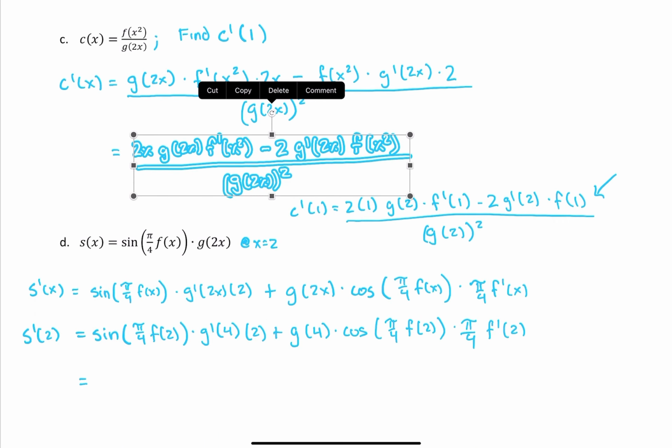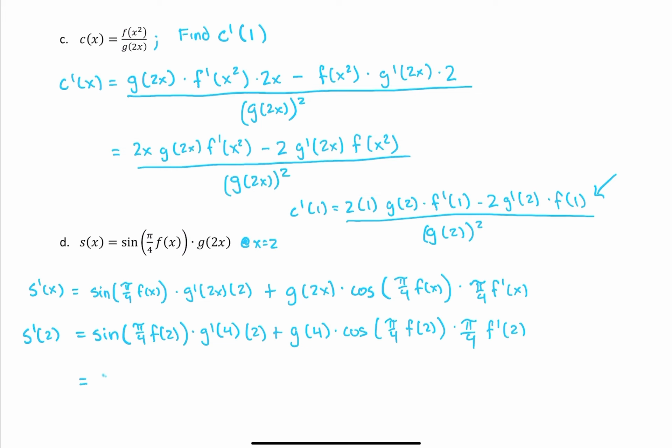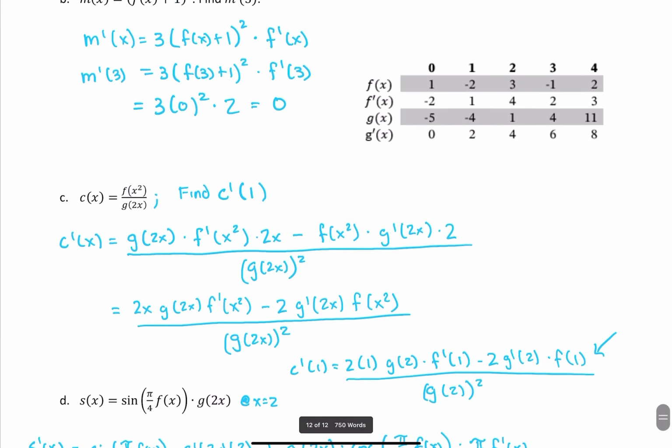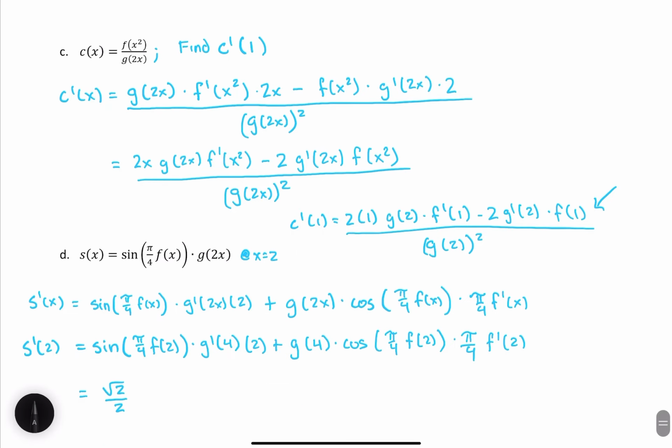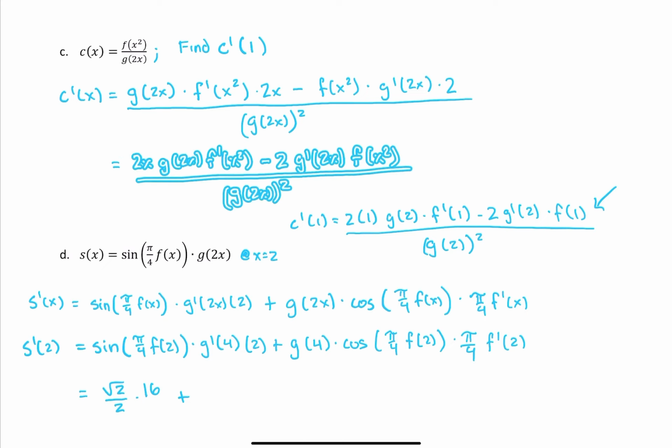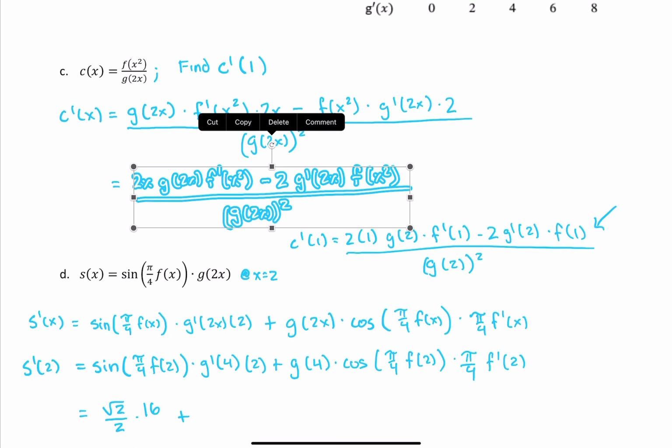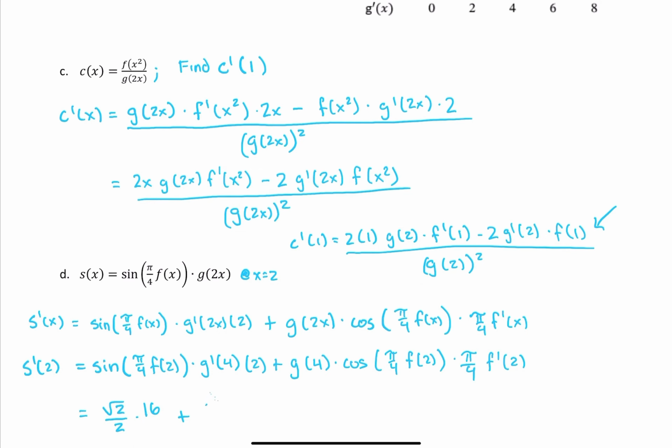So we're looking at the sine of 3 pi over 4. 3 pi over 4 is in quadrant 2, and its sine is the square root of 2 divided by 2. The g prime of 4 is 8, and so 8 times 2 is going to be 16, so we're going to have square root of 2 over 2 times 16, plus then g of 4 is 11, so plus 11.